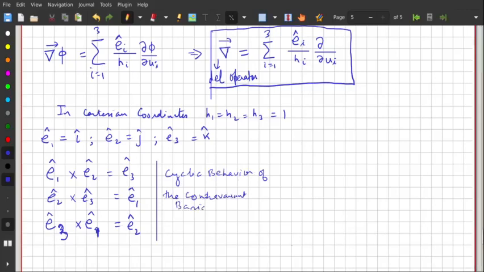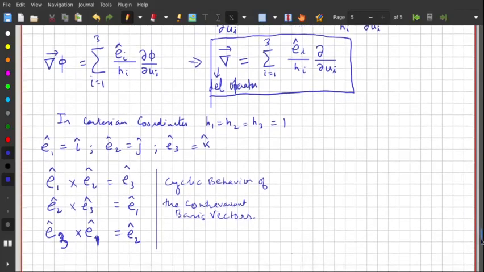So we will continue from here in this lecture and develop the general ideas of writing the various vector operators like the grad, the divergence, and the Laplacian in a general fashion in any coordinate system.